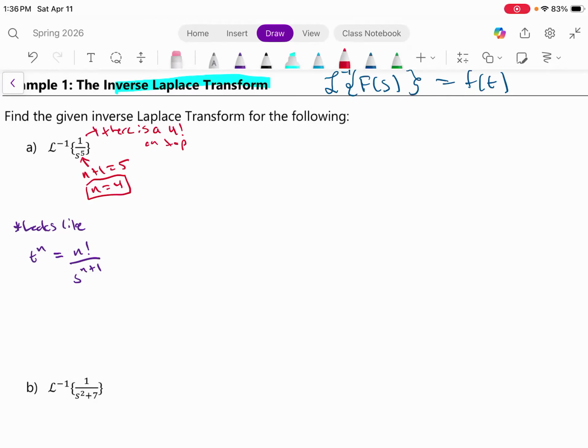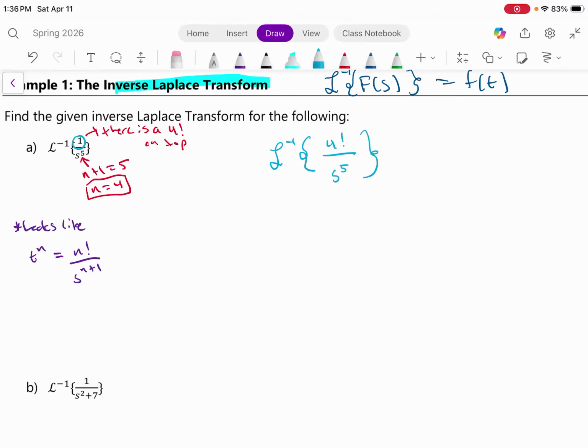So what might help us figure out this exact Laplace transform is to write it like that. Inverse Laplace transform: there should be a 4 factorial on top, over s to the fifth. That's what this should look like, but we just have a 1 here.